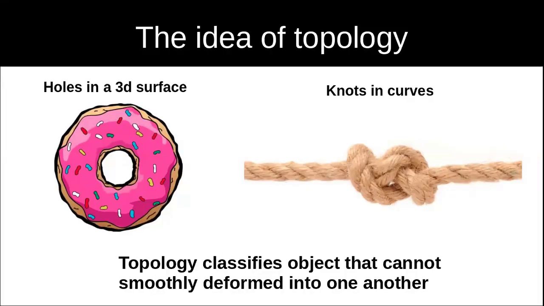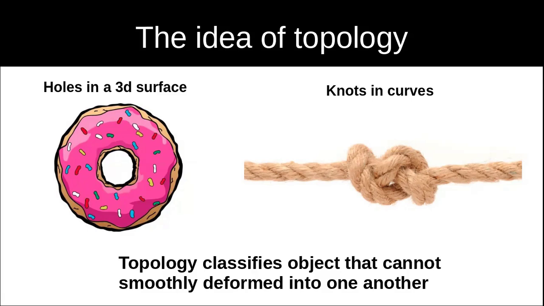The idea of topology is relatively simple, and it is based on the idea that if you have certain objects, you can start asking yourself which are the objects that can be smoothly deformed onto another without doing something dramatic. So, for example, you can think that you have some flexible surface, and that you can deform this flexible surface.